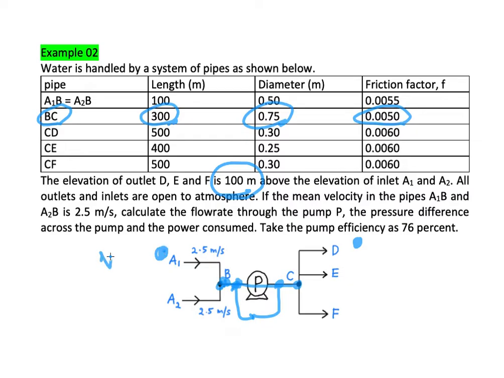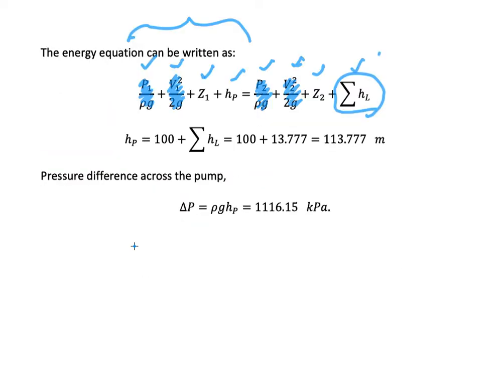The velocity here is 0, so we just assume it is equal, so we could cancel the velocity. So we only have the value of Z here, and the Z is 100. And then we have the losses. So we have 100 plus losses here, so we have 113.7 meters.